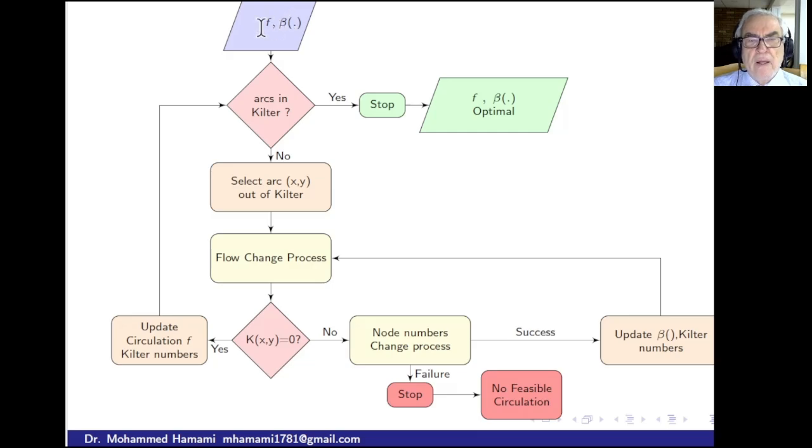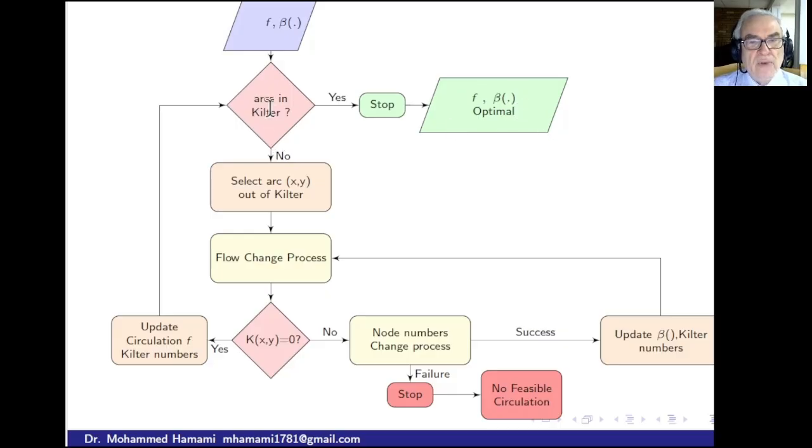So any f, any beta. We could start with f equal to 0. The 0 everywhere is certainly a circulation, and beta could be anything. So we enter here and we say, are all arcs in the network in Kilter? That means every arc's Kilter number is 0. Yes. We stop, and f and beta are optimal. That's the exit.